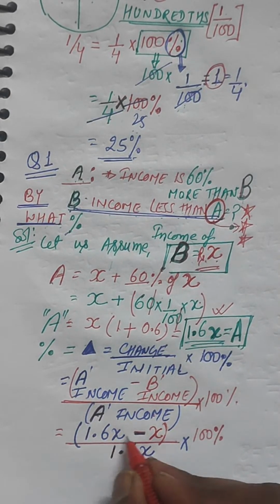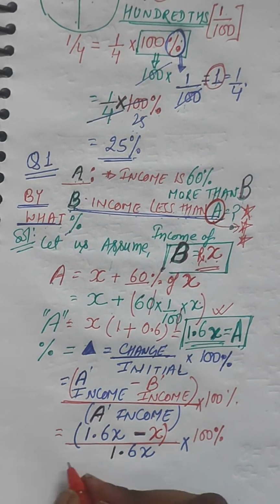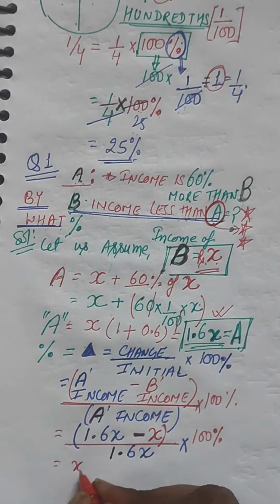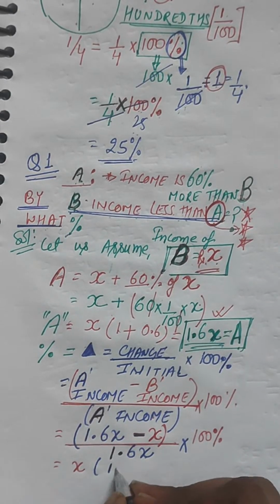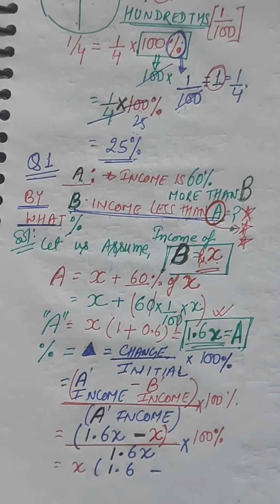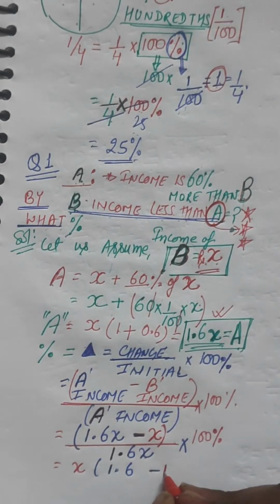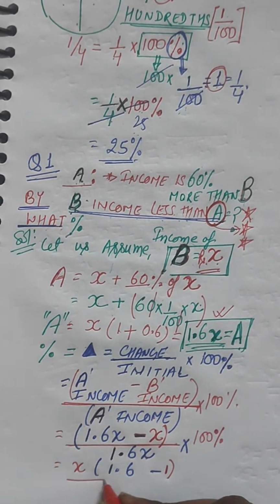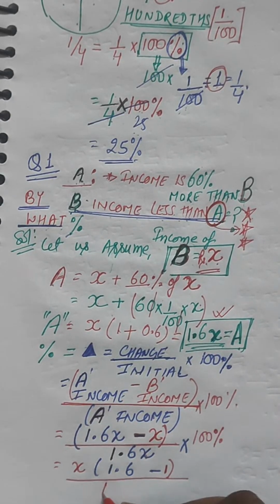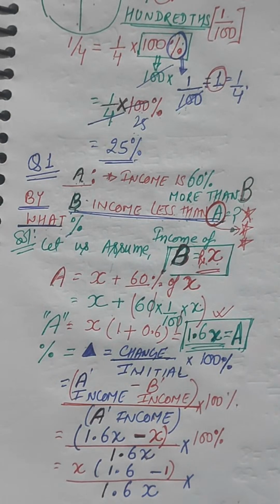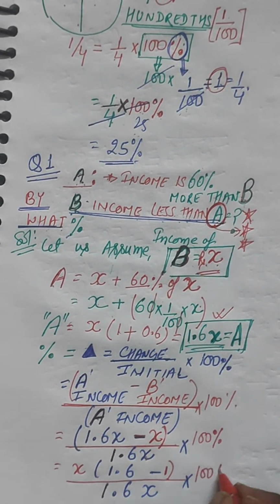So here you can see x. So into the numerator, x can be taken out and we are left with 1.6 minus 1, isn't it? Divided by this 1.6x. I'm just changing the pen every time so that due to the change in color you can easily see it. Into 100%.